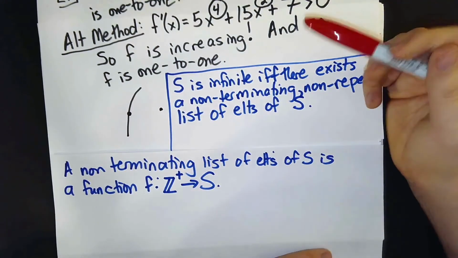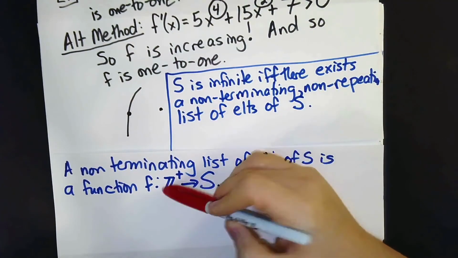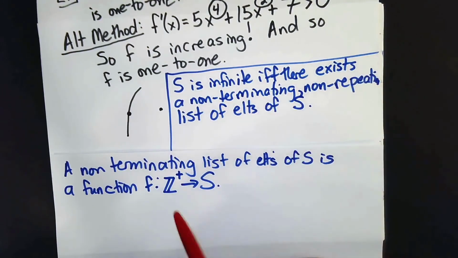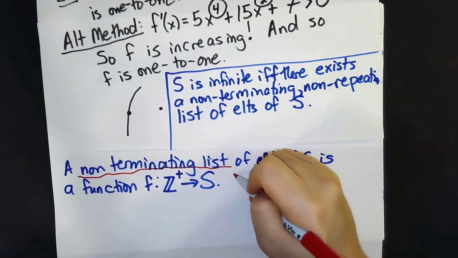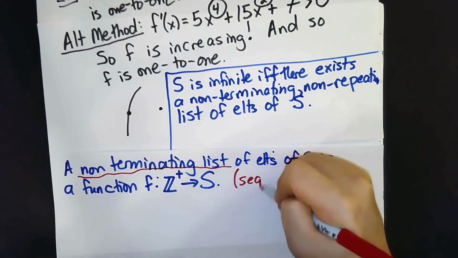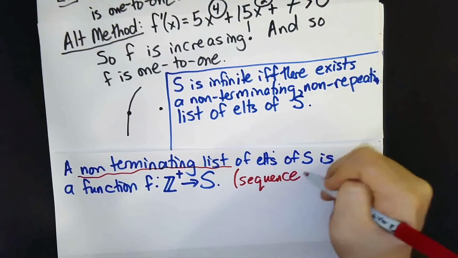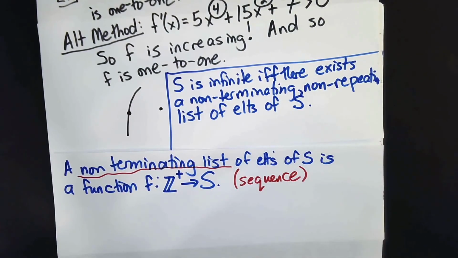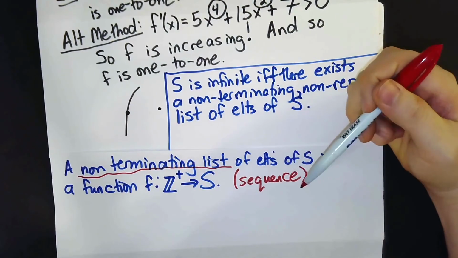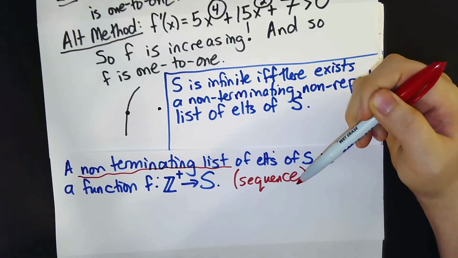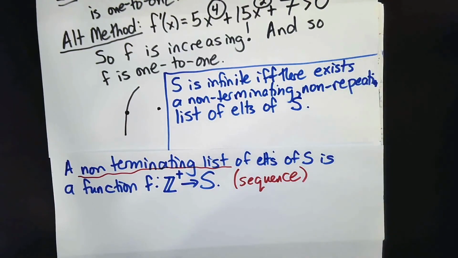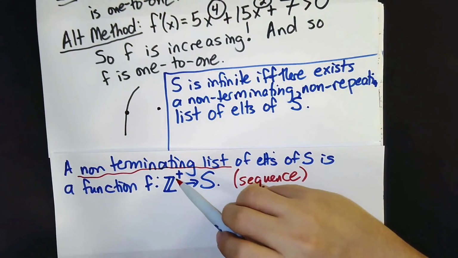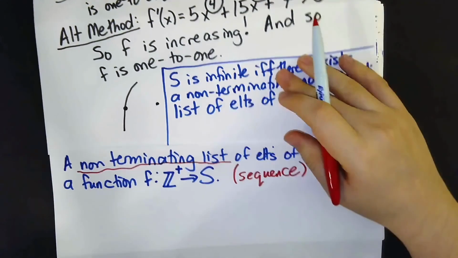And if I just keep repeating this process and write down each of those things, I'll get a function from Z plus to S. Now, the phrase non-terminating list is often in mathematics called a sequence, and so you might have seen that in Calculus 2, not to be confused with a series, which is the one where you add. A sequence is the one where you just have a bunch of commas in between. But a sequence of real numbers, for example, is just a function from the positive integers to the real numbers.